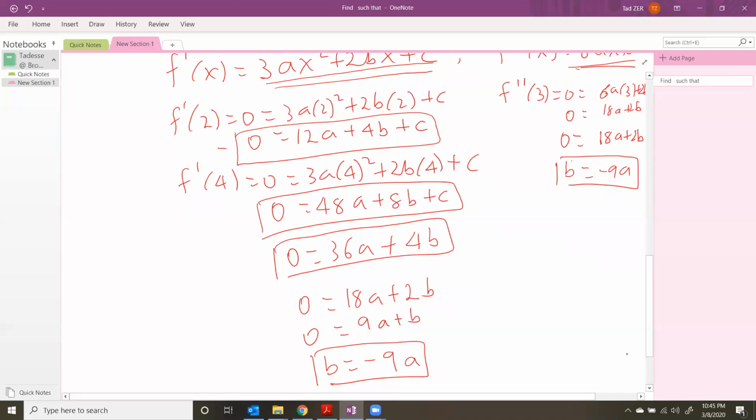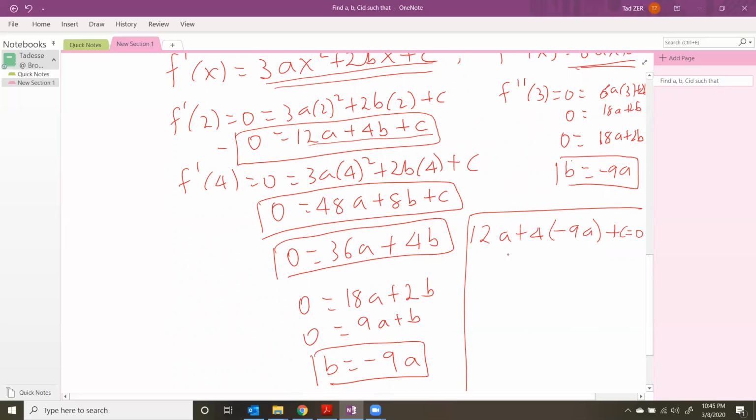So what I'm going to do now is plug this back into one of the equations here. Okay, so here I have, let me just write it so that we can see it, 12a plus 4 times b, which is negative 9a, plus c equal to 0.